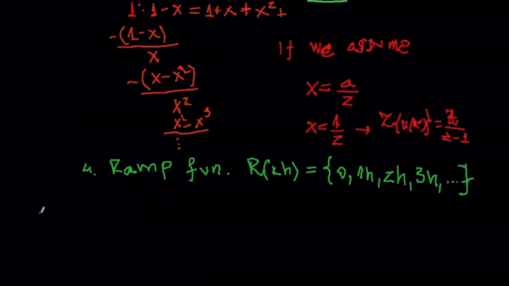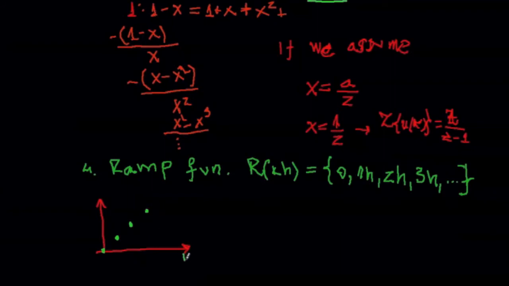If we would like to build the Z transform, let us quickly make how this function looks like. We will have 0 here, then 1H, and 2H, and 3H, and so on.